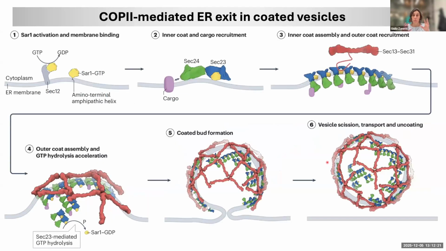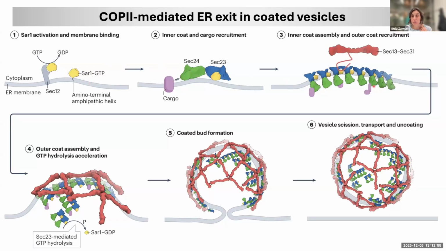Going back to COP2, we understand quite a bit of how it works and how it forms vesicles. This is from biochemical reconstitution and structural work, including some really seminal work on cryo-EM structures solved by our very own Scott Stagg here a few years ago. In brief, the coat assembly starts when a small GTPase, SAR1, exchanges its nucleotide, and in its GTP-bound form it binds to the ER membrane and recruits the inner layer of the coat.